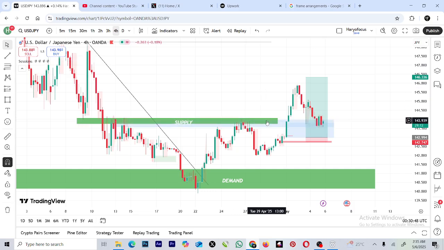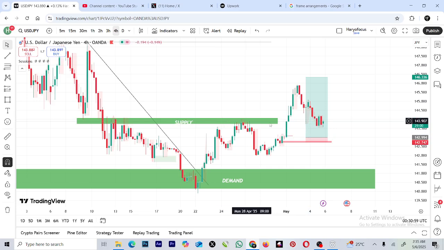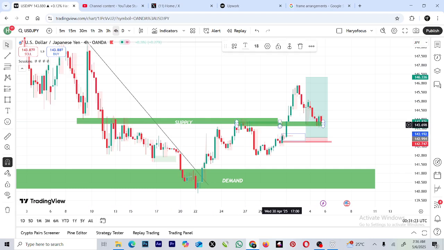Once market break this supply zone, then it has turn to support. Here market has turn to support zone.